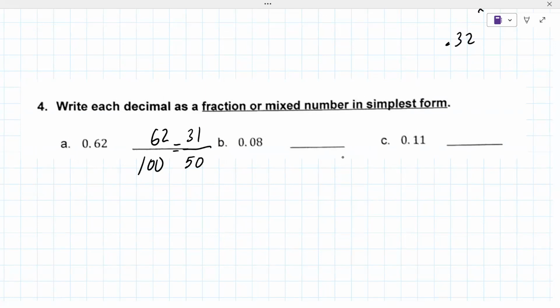Next one, 8/100. Reduced to 4/50. Might be reduced to 2/25. You are correct. Keep going. That one is 11/100. That is it.